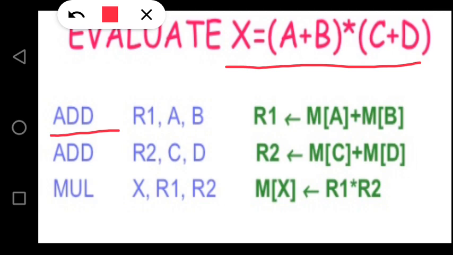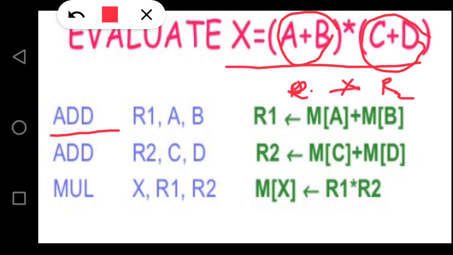If you apply BODMAS, first you need to perform a plus b because they are within the bracket. Next you need to perform c plus d. Then you multiply this result and this result. So three operations are required: two additions followed by one multiplication, and then assign the value to x.